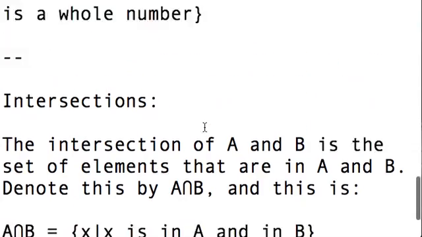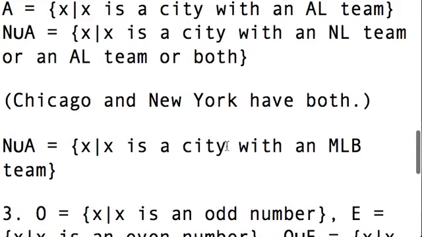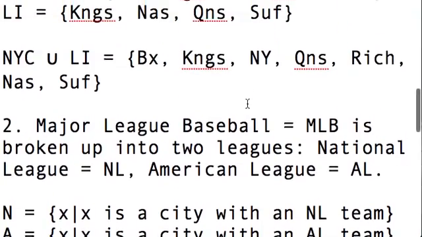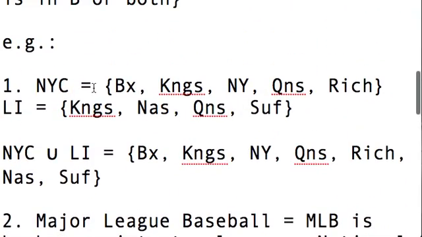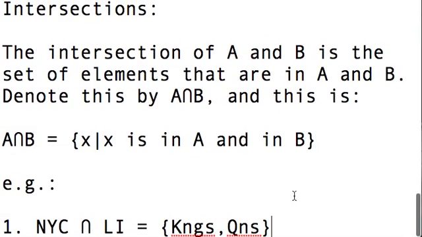How do I use the roster method to find an intersection? I go across the first set and ask, is Bronx in the second set? No. Is Kings in the second set? Yes. Is New York in the second set? No. Is Queens in the second set? Yes. Is Richmond in the second set? No. So the only two things that get shared are Kings and Queens.